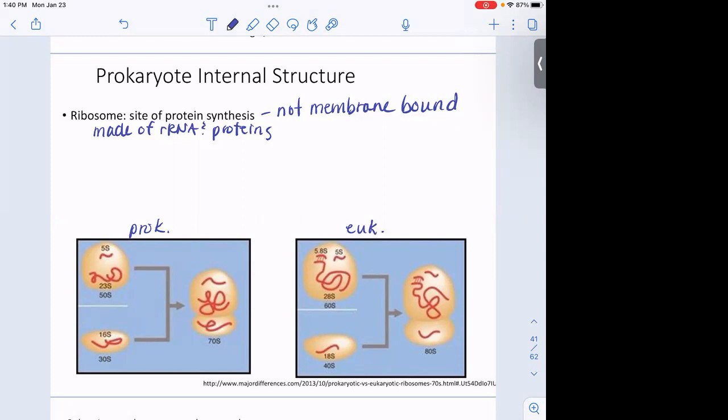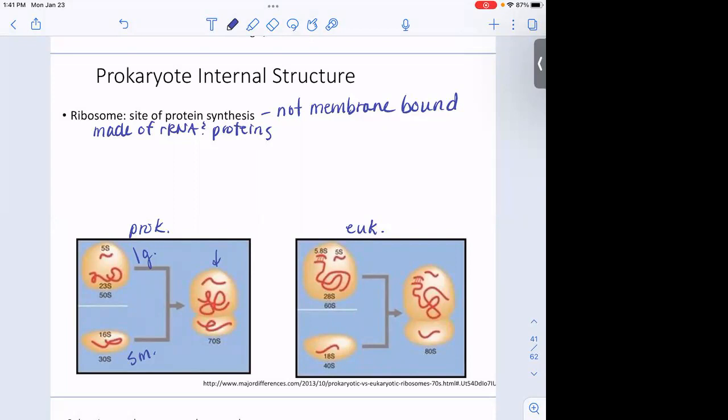You can see both the prokaryotic and eukaryotic structures have a small subunit and a large subunit. They will come together during protein synthesis around the messenger RNA and make one complex. So that's why it doesn't really make sense that they would be membrane bound.